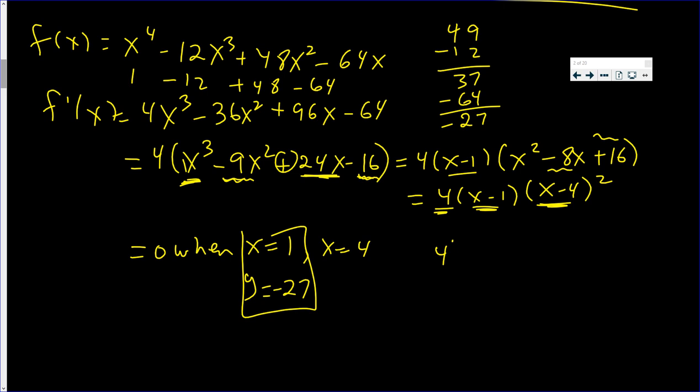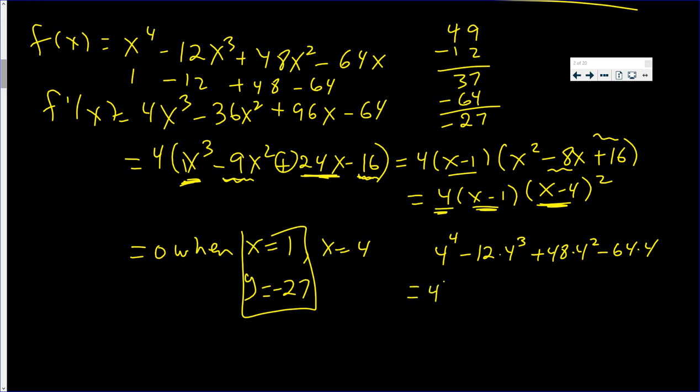The first one's going to be 4 to the 4th, of course, minus 12 times 4 cubed, plus 48 times 4 squared, minus 64 times 4. Now, there's lots of 4's in here.